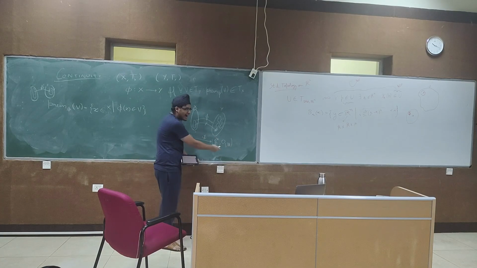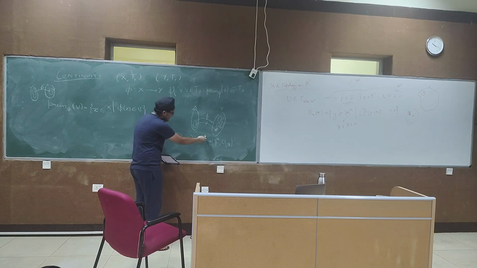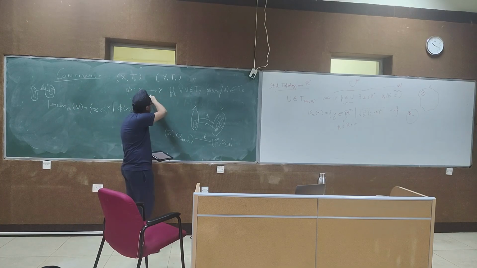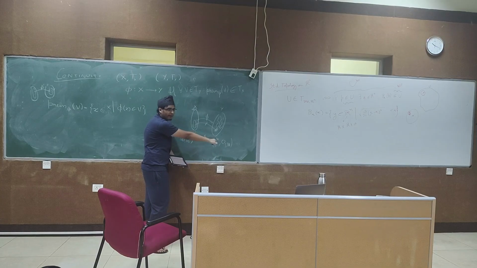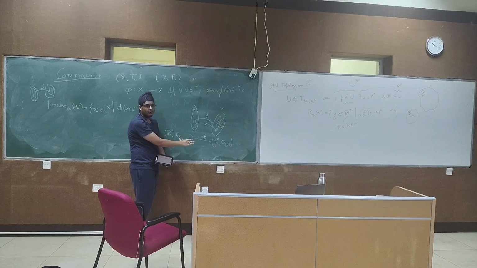If I have a mapping phi from Rn to Rm, and phi is continuous in this definition, that is, phi is continuous if any open set of Rm has its pre-image as an open set in Rn, then this is the same definition of continuity which you read in multivariable calculus.